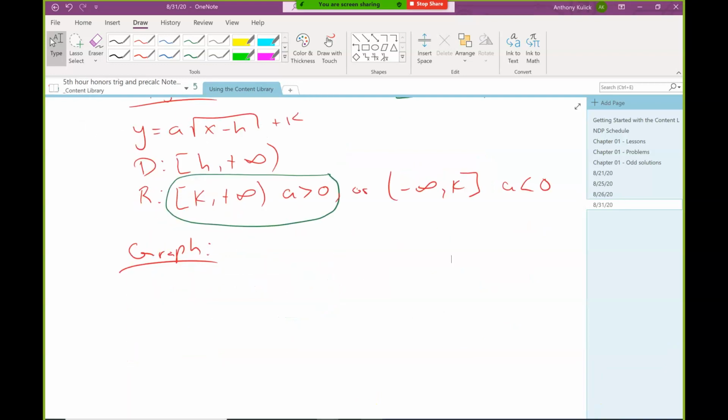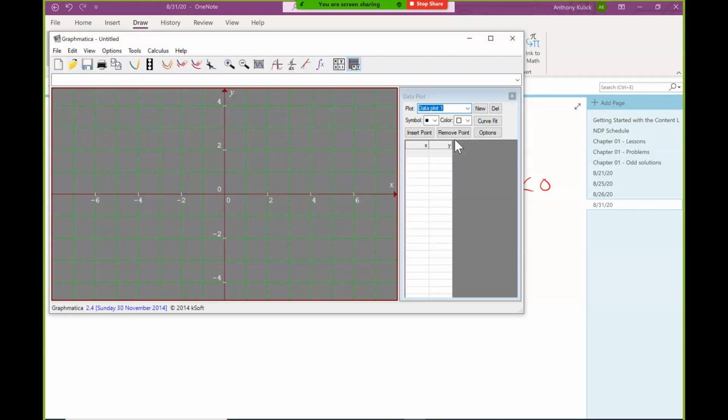If it wants to open for me. Which it doesn't appear to want to, so we'll use Graphmatica, I guess. I don't know what's going on, why it's being so difficult, but it definitely didn't want to do anything for me.